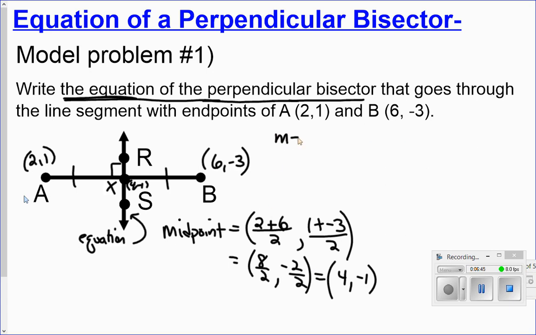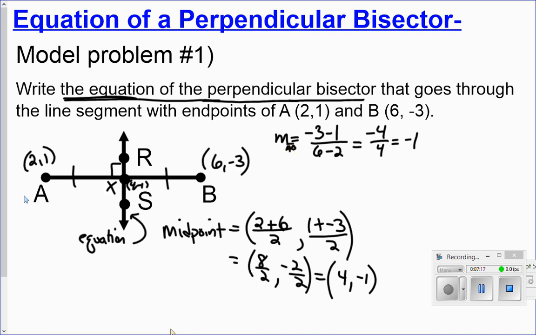So m is going to be change in y, so -3 minus 1, divided by change in x, which is 6 minus 2. So that's -4 divided by 4, which simplifies to -1. So that's the slope of line segment AB. You can put AB if you want to help remember that.